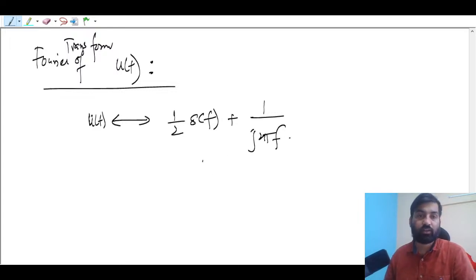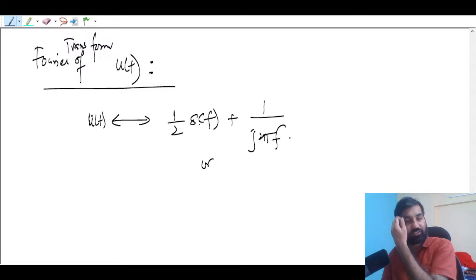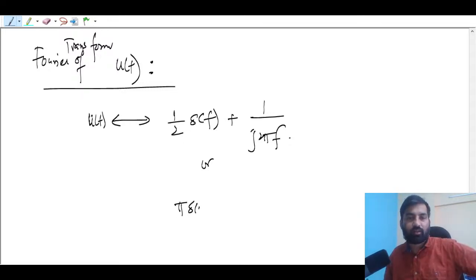Now in omega form, f has to be replaced by omega by 2 pi, and delta f has to be replaced by 2 pi delta omega, so it is nothing but pi delta omega plus 1 by j omega.